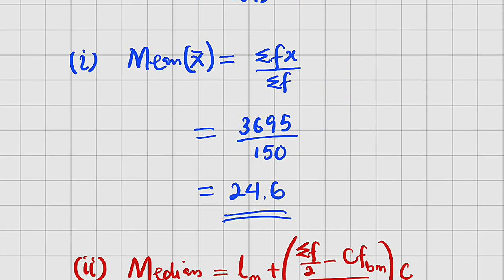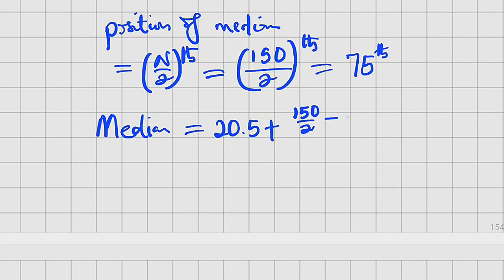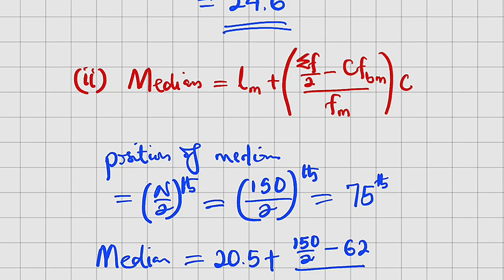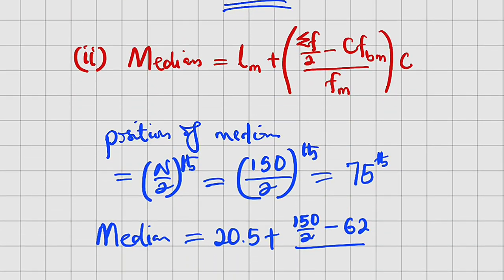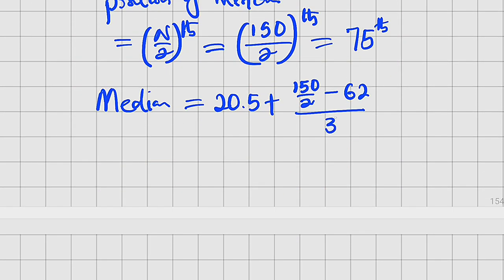That is 62. So minus 62 divided by the frequency of the median class, that is 38. Multiplied by the class size, which is 10. All right, so this is what we have to compute.